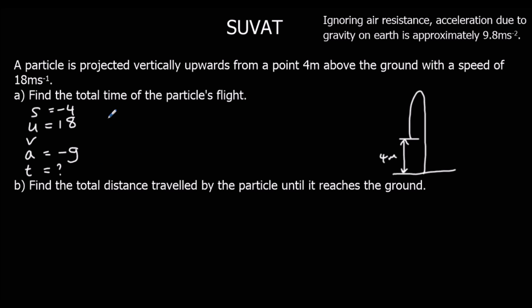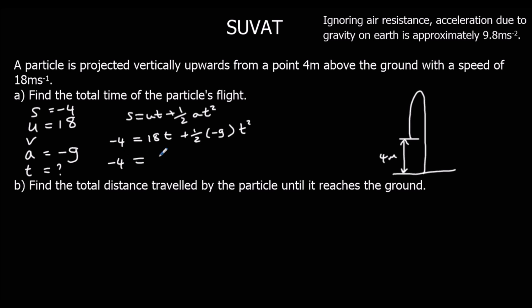So the equation without v in it is s equals ut plus half at squared. So we've got negative 4 equals 18t plus half negative g t squared. So we are going to have a quadratic, which isn't too bad, I hope.